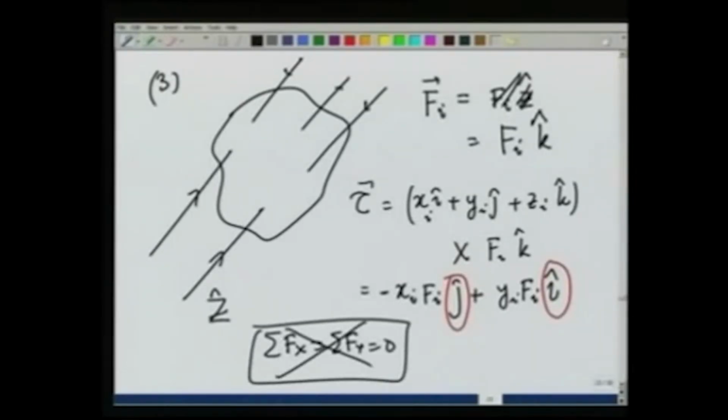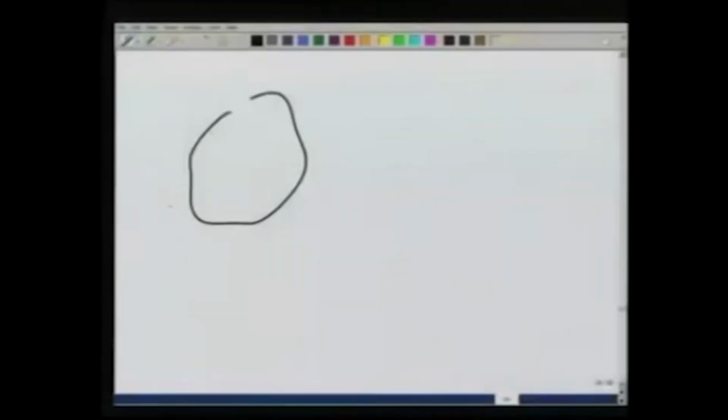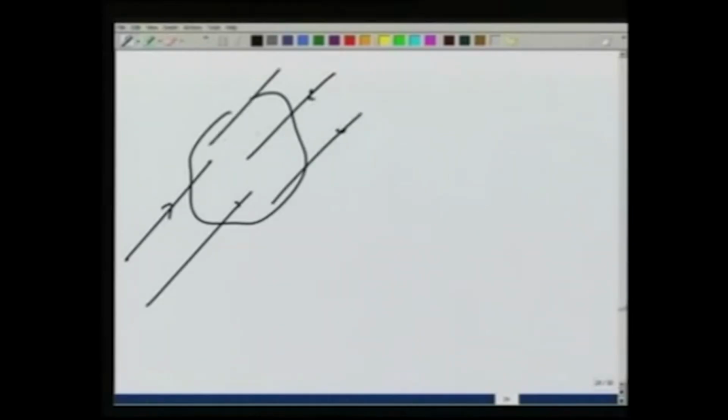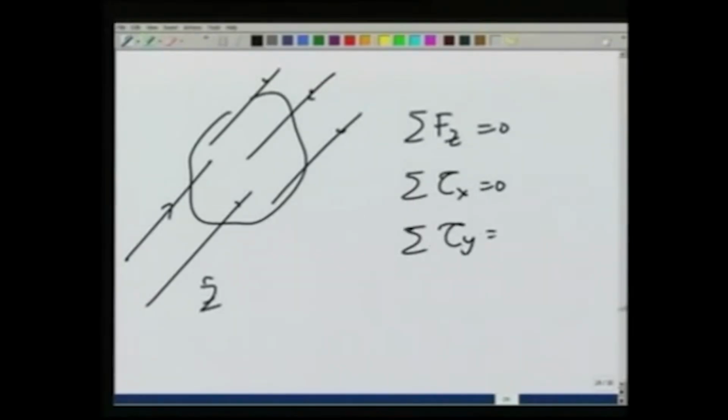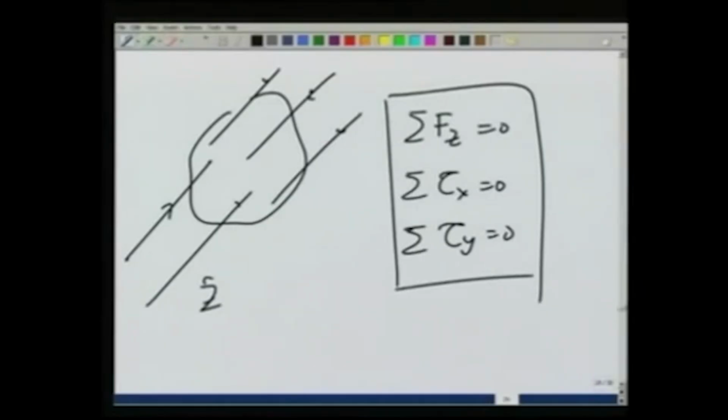So, in this case, when all the forces applied are parallel and we take that parallel direction to be the z direction, the equilibrium condition is going to be summation f z is equal to 0, summation tau x is equal to 0 and summation tau y is equal to 0, only 3 conditions.